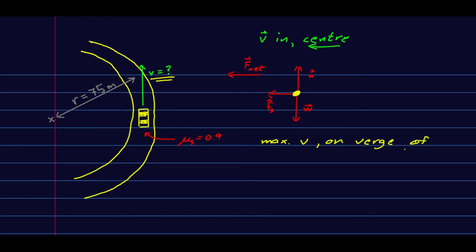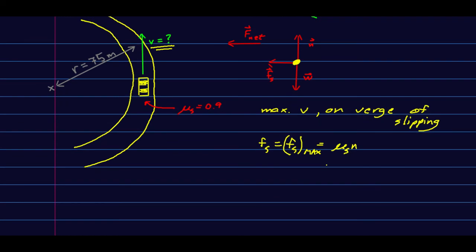And that means that our Fs is Fs max, which we've seen is mu Sn. And I'll just quickly say this is one of these cases where we're on a horizontal surface, and so mu Sn is just mu Smg.